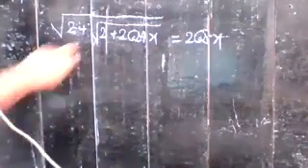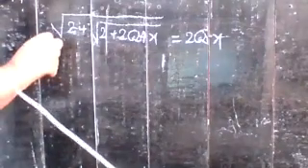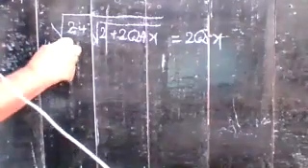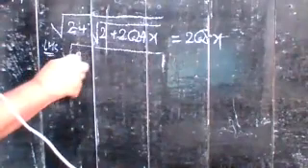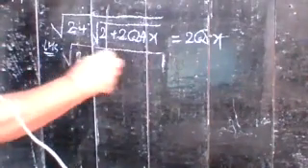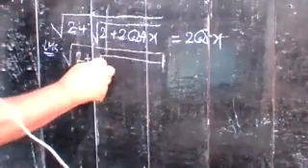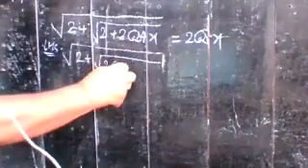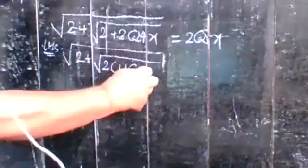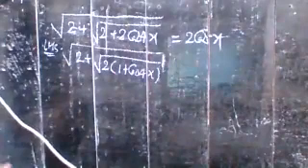So what you do here, you take the left side, which is under root 2 plus, here you can take 2 common, so you have 1 plus cos 4x.